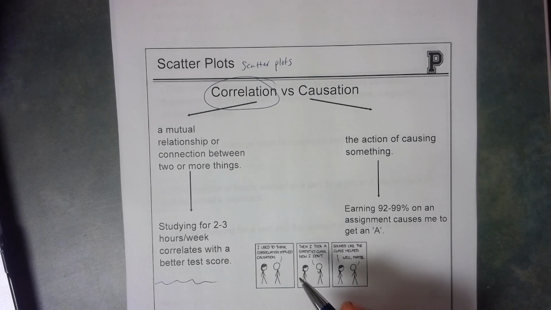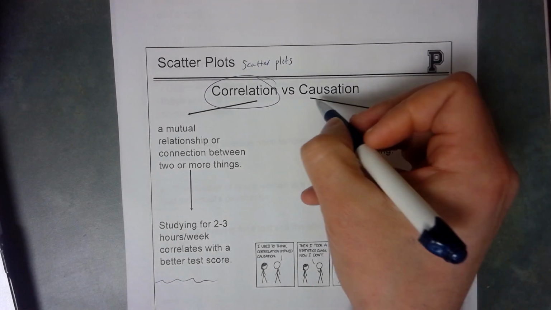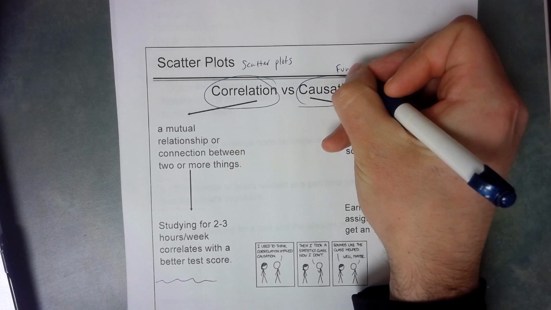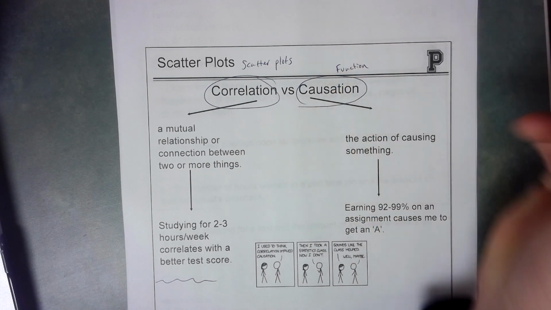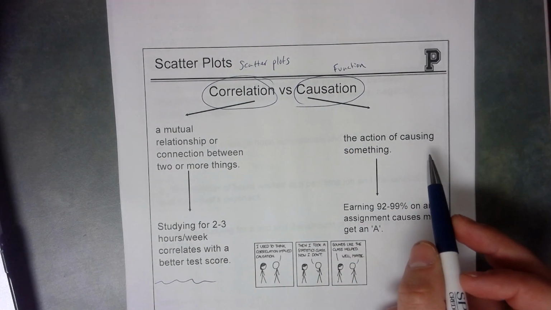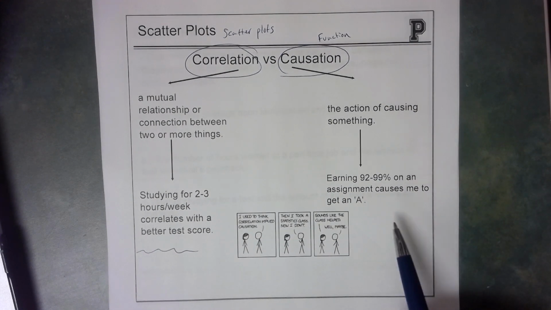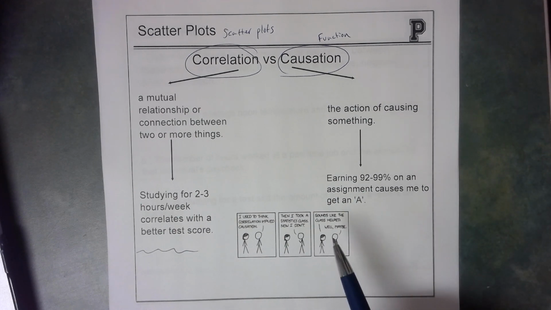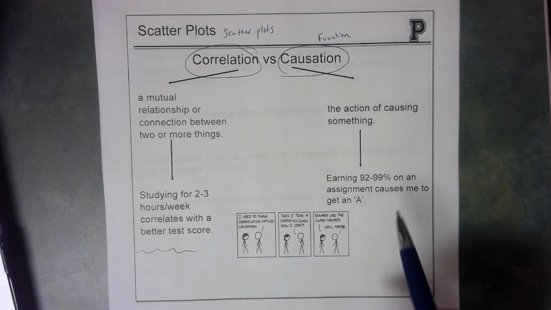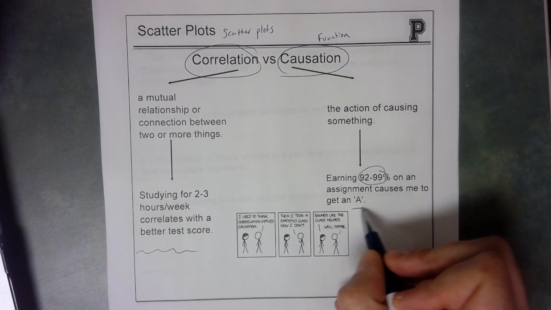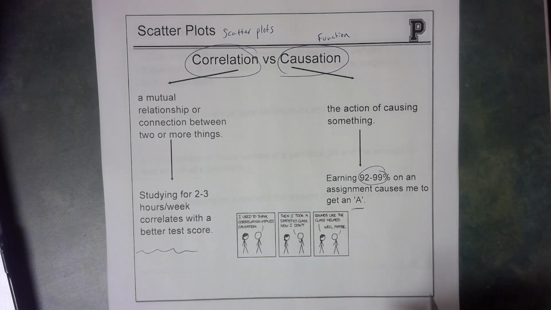Now, causation, this is more in regards to a direct function. The action of causing something. So the example I gave was earning 92 to 99% on an assignment causes me to get an A. There's a direct function involved where if you score between these two numbers, you will get exactly an A on the test or an A on the assignment.